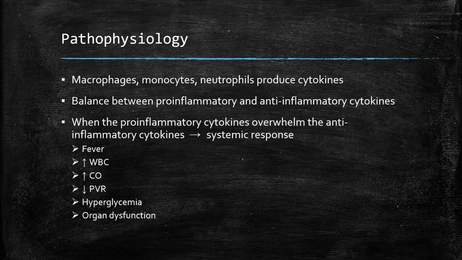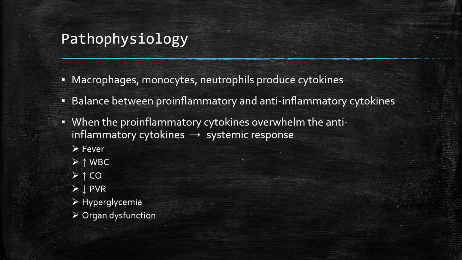The hallmarks of sepsis include fever, although some patients can be hypothermic. Most patients with sepsis have an elevated white blood cell count, although a few are actually leukopenic. The hemodynamic profile of a septic patient consists of an increased cardiac output and a decreased peripheral vascular resistance.